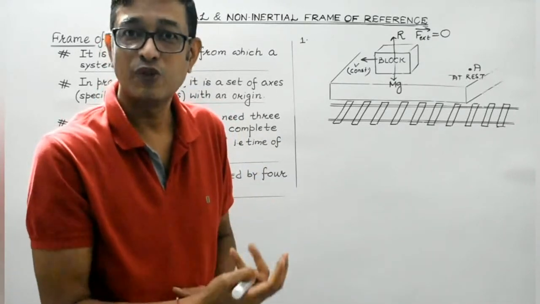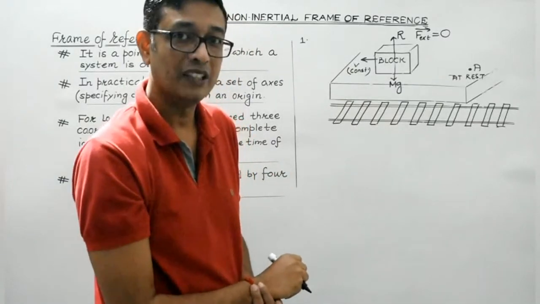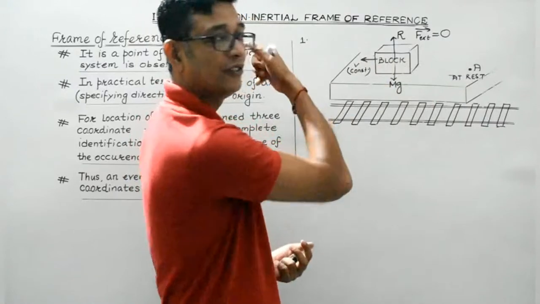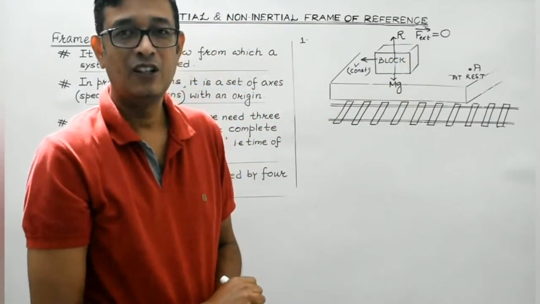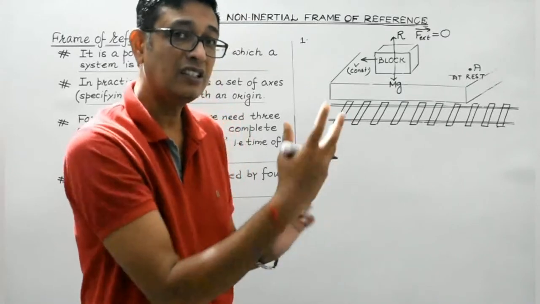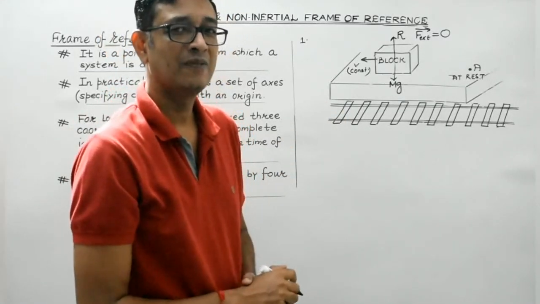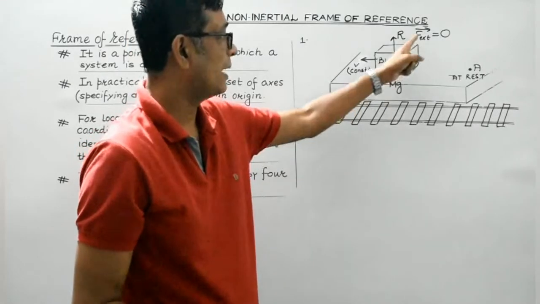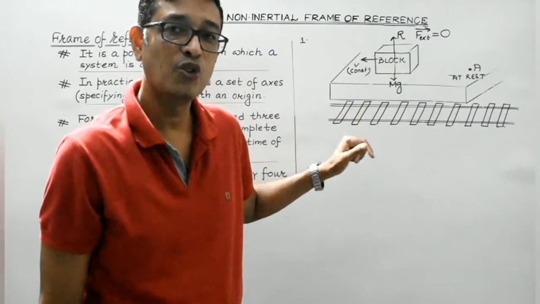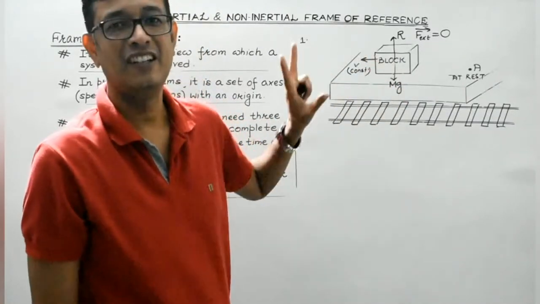From his point of view, he will say that the block is moving uniformly from right to left with constant speed V. So here, from B's frame of reference, again Newton's first law is valid, because in the absence of a net external force, if the block is in uniform motion along a straight line, it will remain in uniform motion along a straight line.